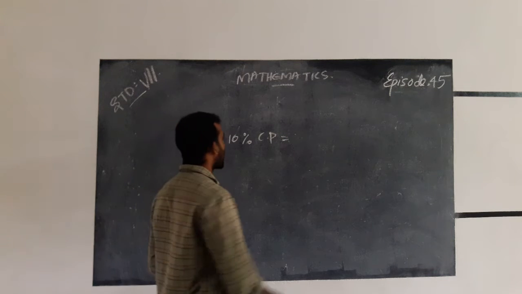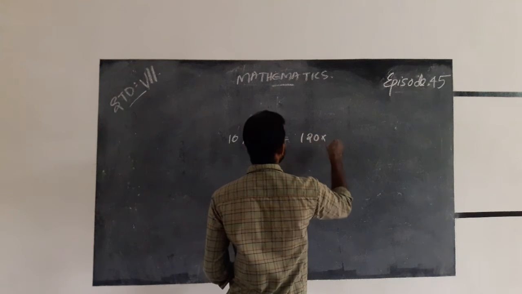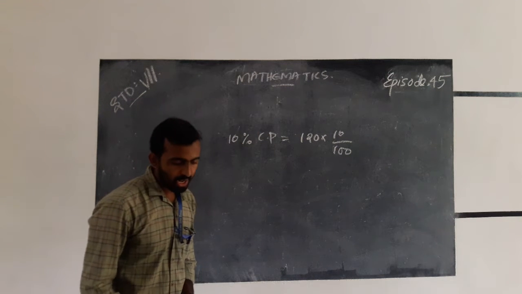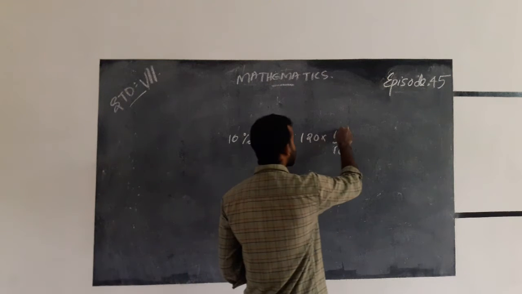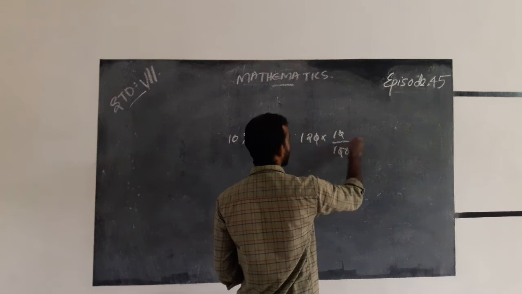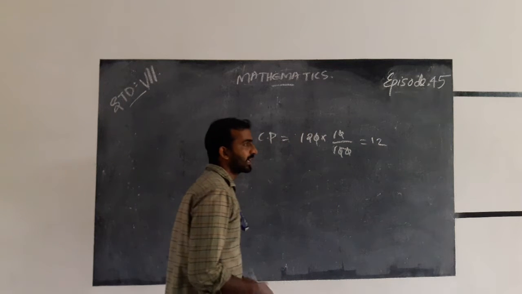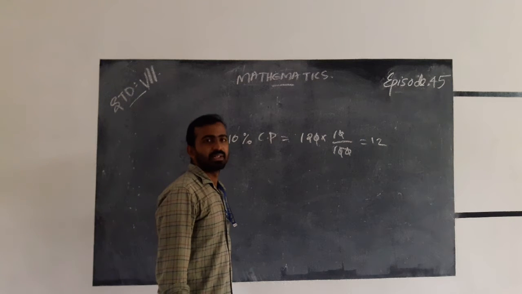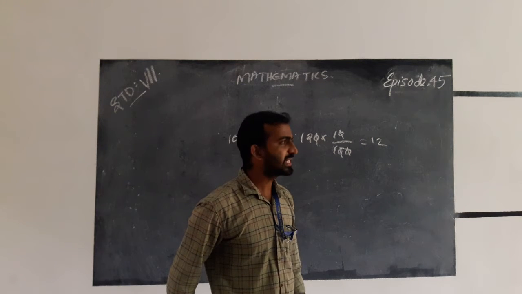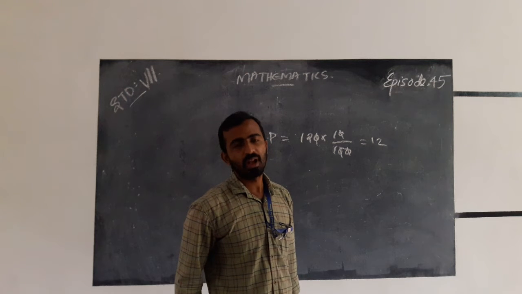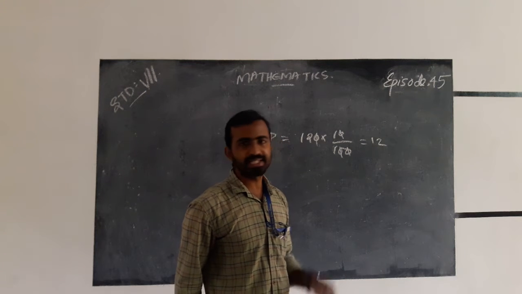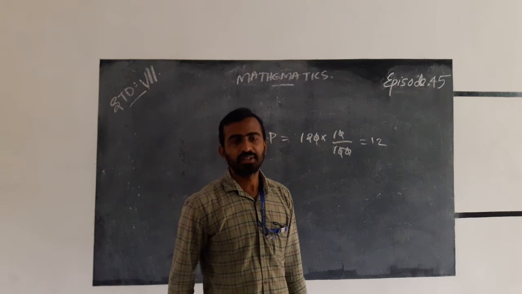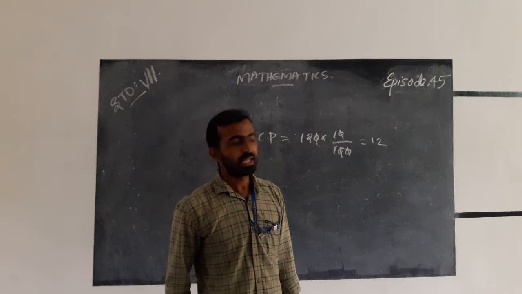We can write it as 120 into 10 by 100. When we simplify, we get 12 rupees. According to the question, 12 rupees is the loss.